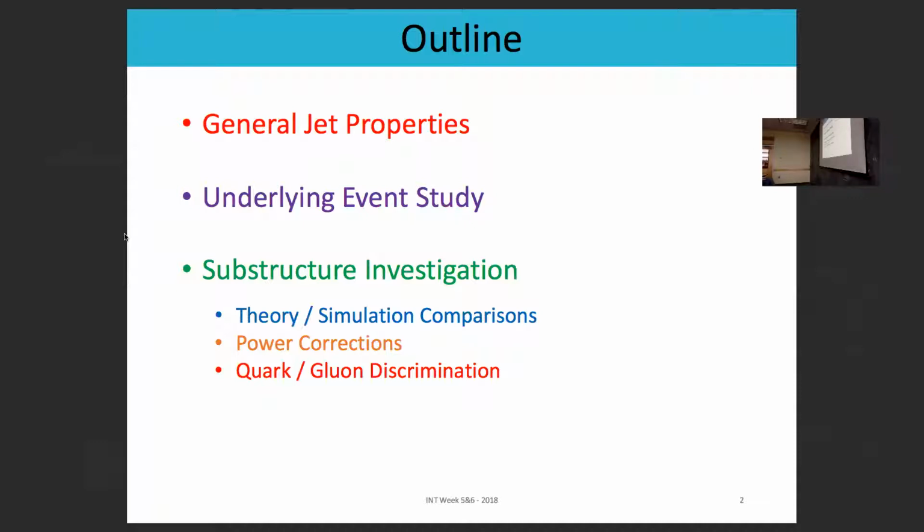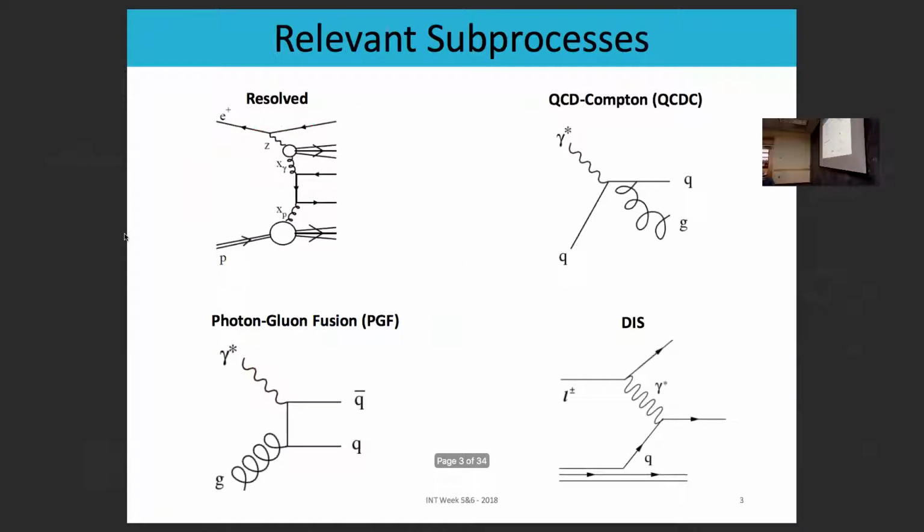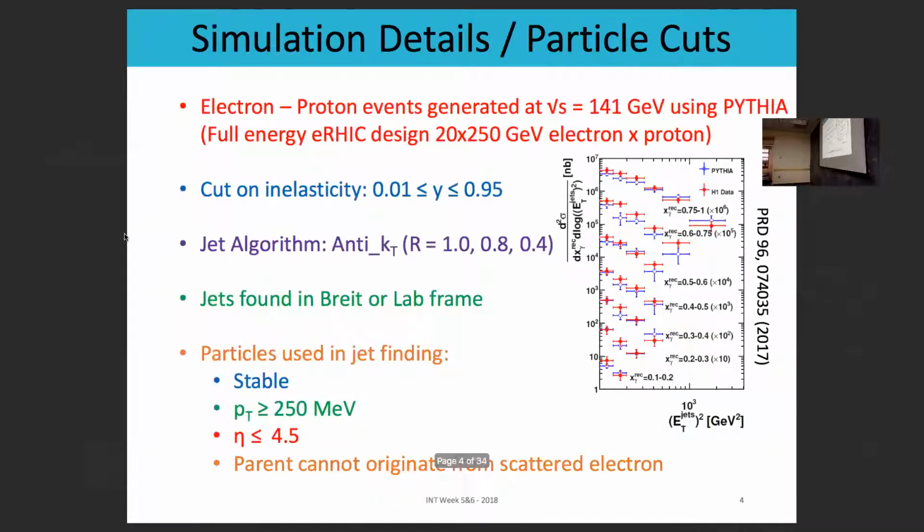I'll do some theory simulation comparisons, talk a little bit about ways to look at power and higher order corrections, and then end with quark gluon discrimination. So just really quickly, the relevant subprocesses that we have simulated: resolved, QCD Compton, photon gluon fusion, not so much the leading order DIS process, but it's simulated.